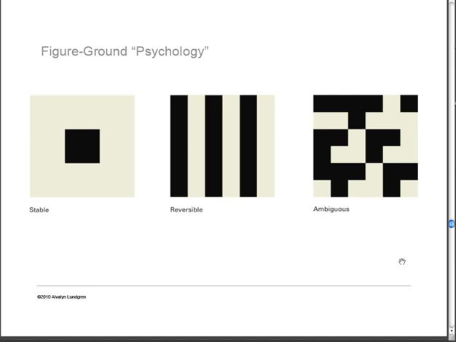So like in the stripe pattern, we could read this as black stripes on a white ground, or we could read it as white stripes on a black ground. Either way, there is still a figure ground relationship, and so there's still a degree of stability in it. We could read it one way or the other way, but in each case, it is a figure-ground relationship, one or the other.